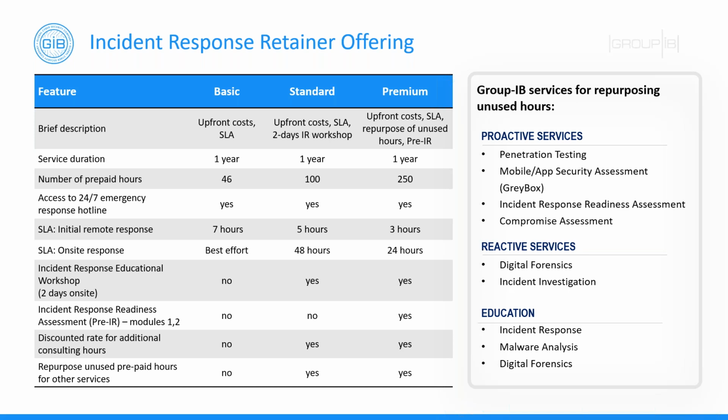The basic one is just some paperwork preparing for incident response. It's some agreements, an understanding of your network, some questionnaires. And after that, of course, a non-disclosure agreement, and after that we can do incident response for 7 hours from the first call, and it doesn't cost. Oh no, it costs, yeah.